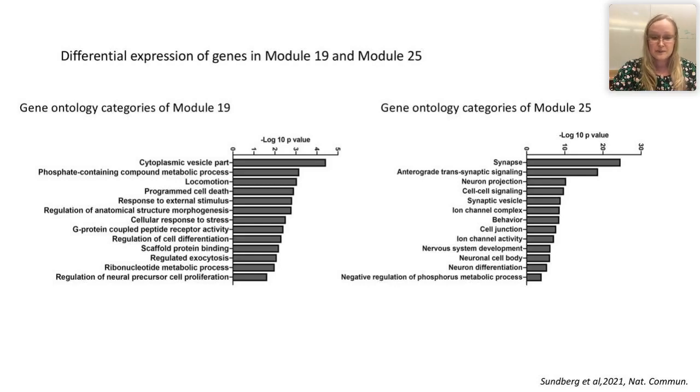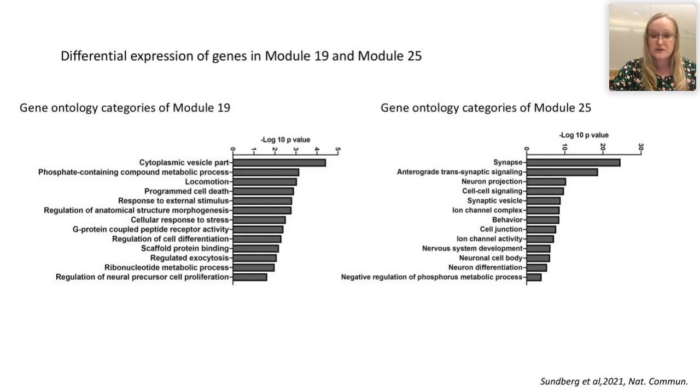in module 19, which contained the genes that were downregulated in the 16p deletion cells, we detected genes associated to cytoplasmic vesicle part, locomotion, programmed cell death, cellular response to stress, scaffold protein binding, and ribonucleotide metabolic processes, which was a really interesting finding.